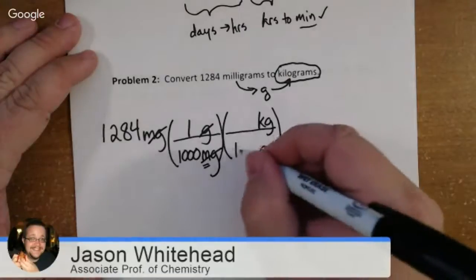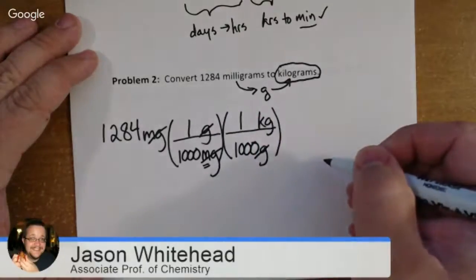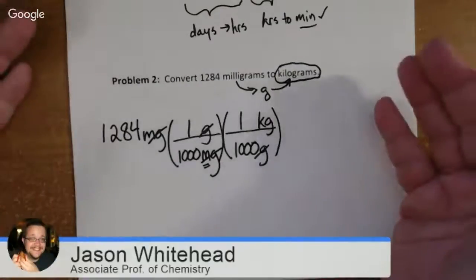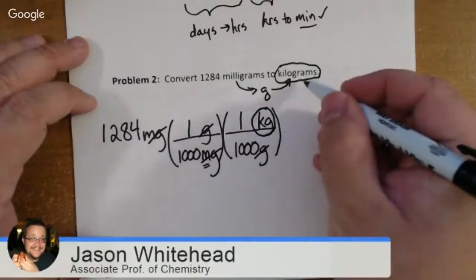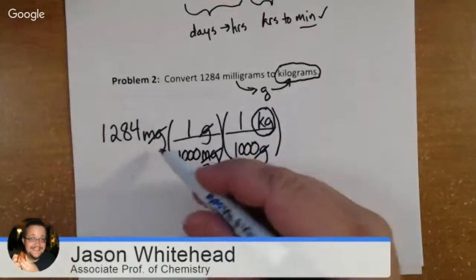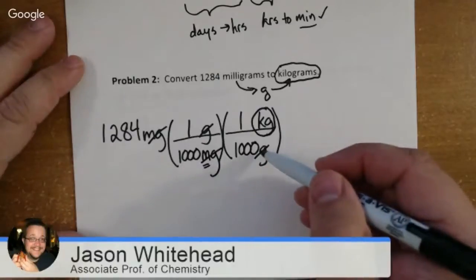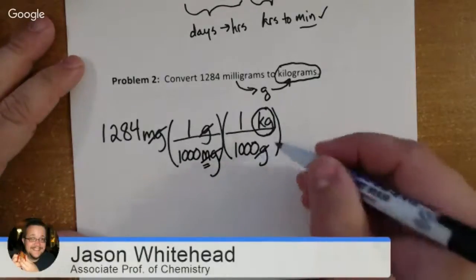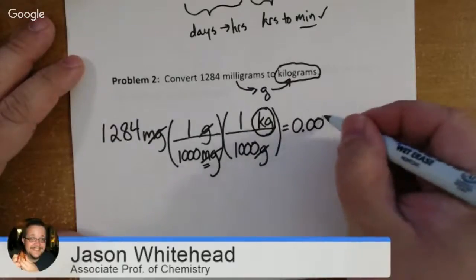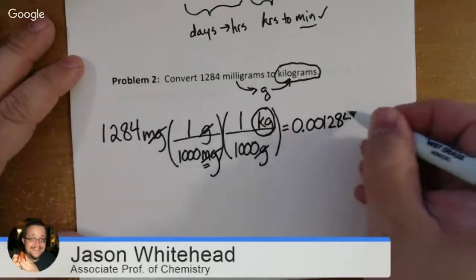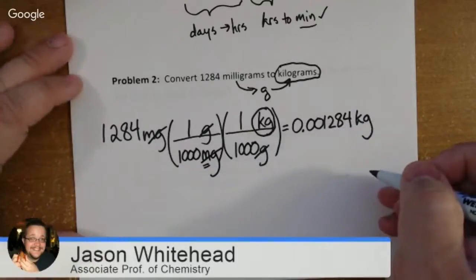And there are 1,000 grams for every 1 kilogram. So we end up with our units canceling out right, giving me kg, or kilograms, to end with. And I get 1284 divided by 1,000 and divided by 1,000 again, which gives me 0.001284 kilograms as my final answer.